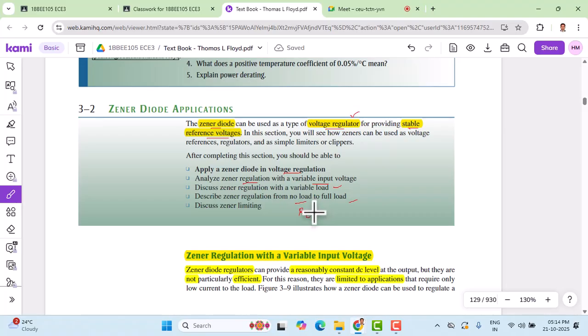If we make this infinite, then it becomes a no load condition. We'll also see how the Zener diode performs its regulation when it is connected to the full load. So these are the two aspects we'll see, and finally we are going to discuss Zener limiting capability. All these are the various typical applications for which we can use the Zener diode.